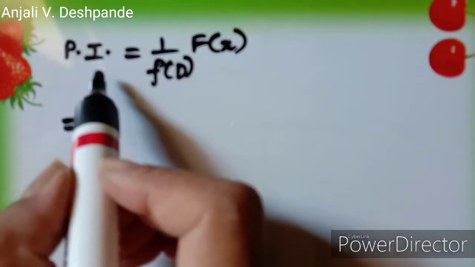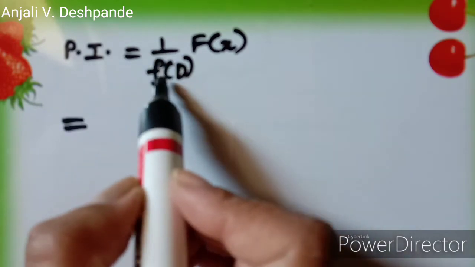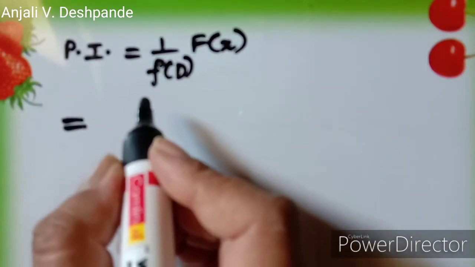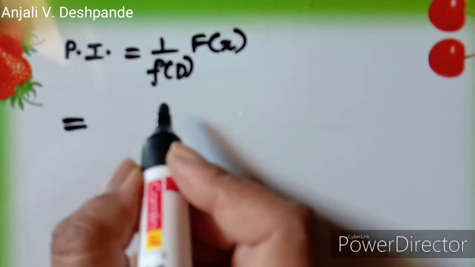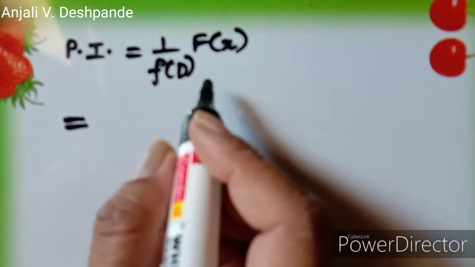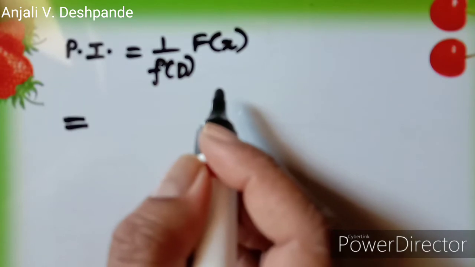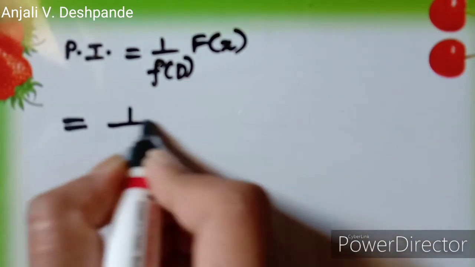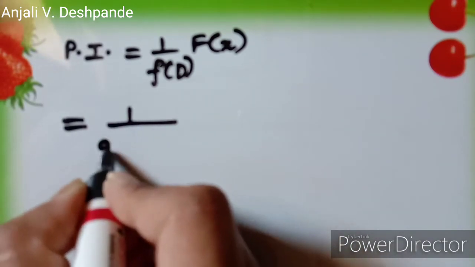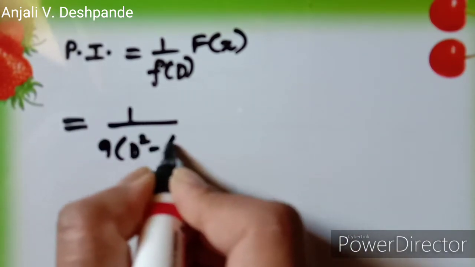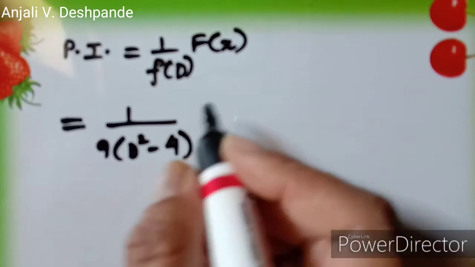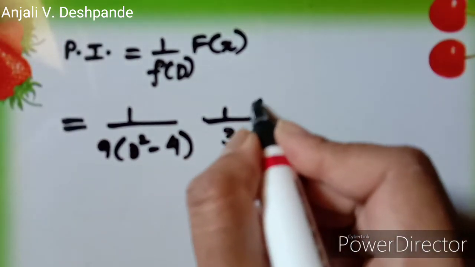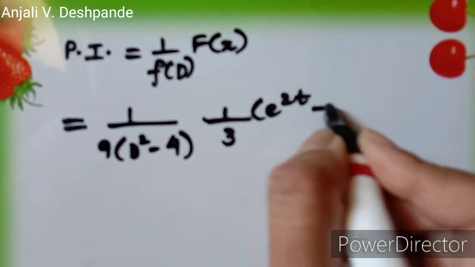Now we will find the PI. So PI is given by 1 upon f(D) times f(x). Again, it is suggested that you go back to the video on linear differential equations with constant coefficients to find the particular integral. Now this is equal to 1 upon (9D² − 4), this is the value of f(D), and the right hand side was (1/3)e^(2t) − 1.